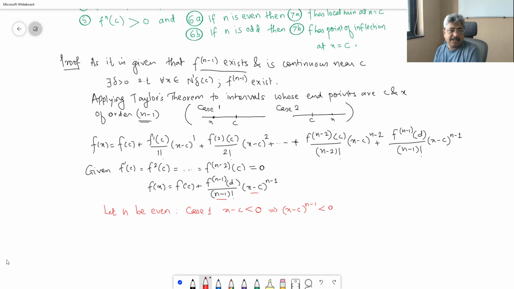Fn of c is greater than 0 implies Fn minus 1 of x is what? Increasing or decreasing? Slope is positive, nth derivative near c. So Fn minus 1 at x is an increasing function.